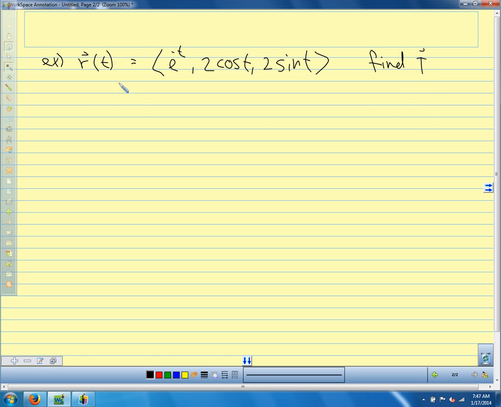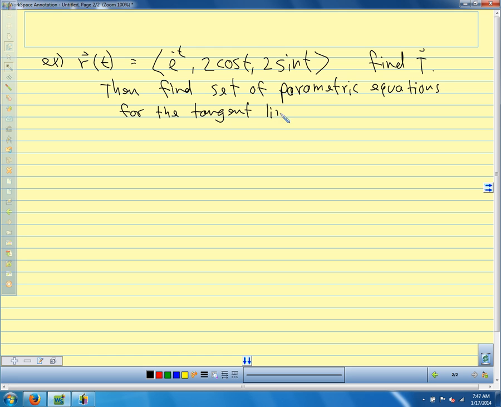and then we want to find a set of parametric equations for the tangent line at t0 equals 0.